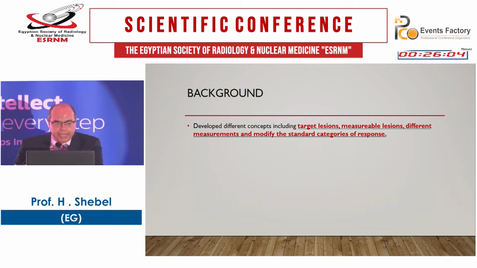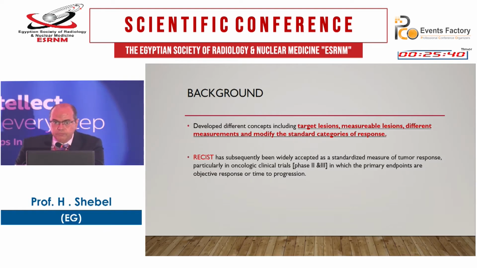These criteria have different principles, different terminology, different definitions and different concepts. They define target lesions, measurable lesions, non-measurable lesions, and modify the standard categorized response of the old one.